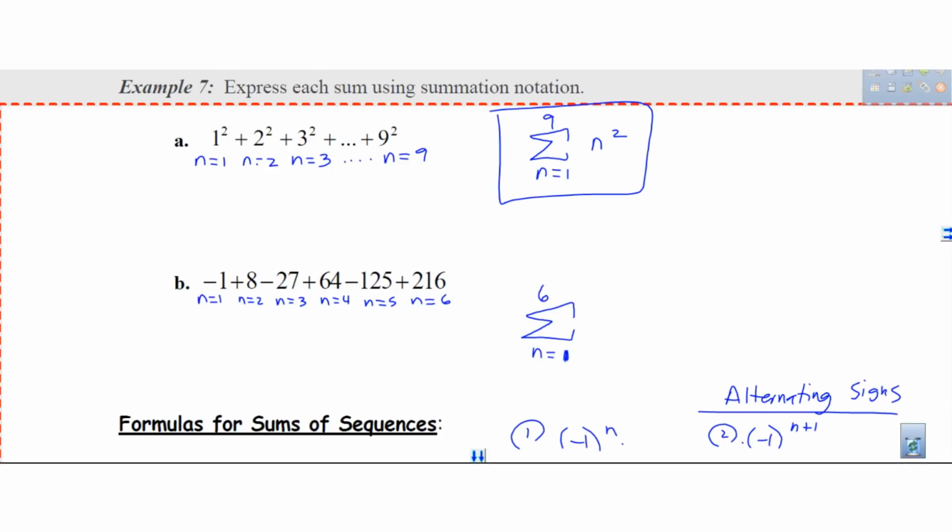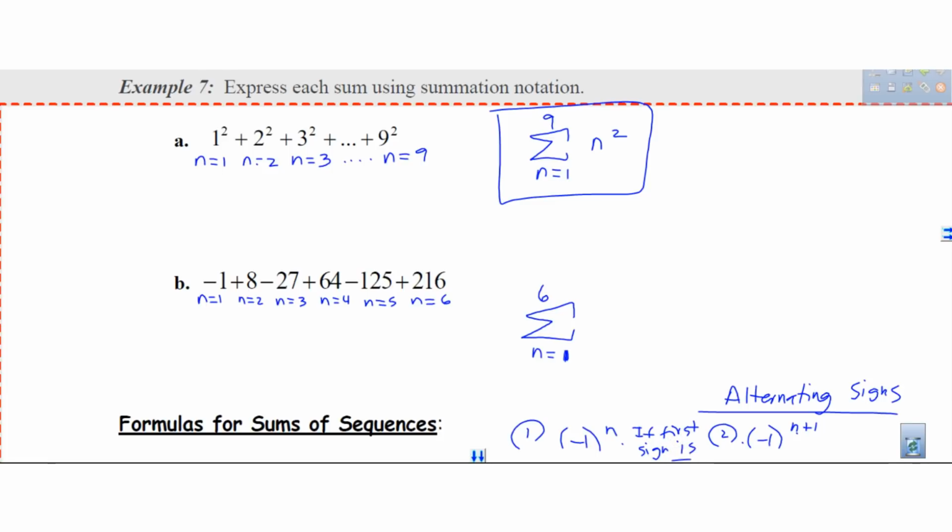Negative 1 to the 1 plus 1. That's a negative 1 in parentheses squared. That's a negative 1 times a negative 1, which is a what, everybody? Positive 1. So this number 1 you use if the first sign is negative.